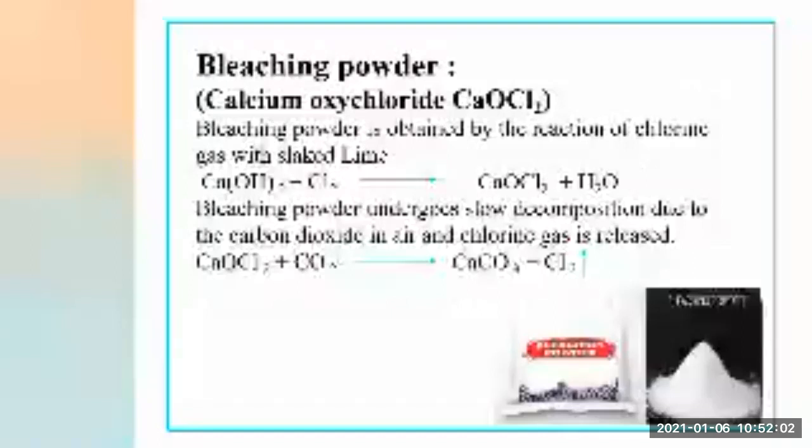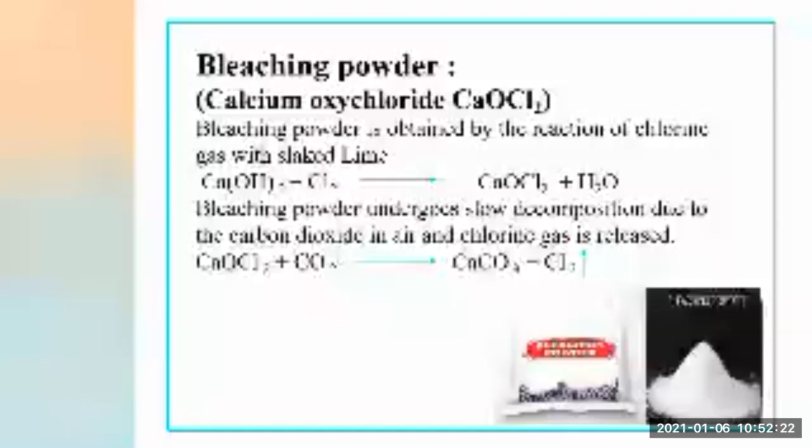So see, this bleaching powder which we are using in our home, what is the chemical name of that bleaching powder? It is calcium oxychloride. What is it, bacha? It is calcium oxychloride. And what is the chemical formula for this? CaOCl2.